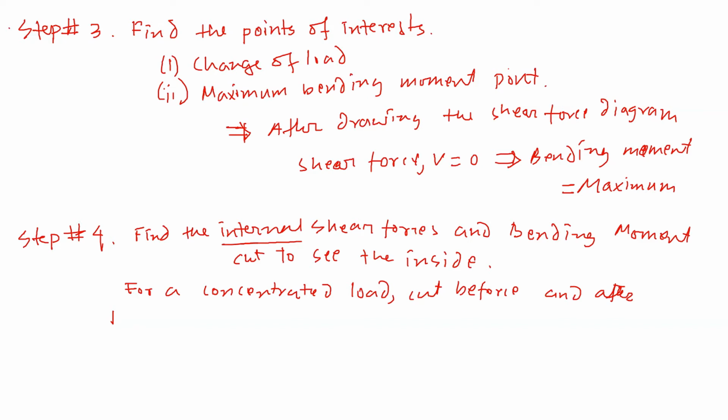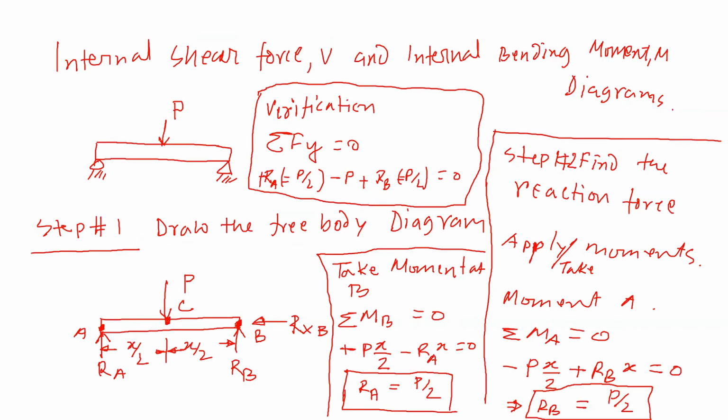In this problem, this is a concentrated load, concentrated at point C. It's not distributed, it's just concentrated at point C. So this is an example of a concentrated load.